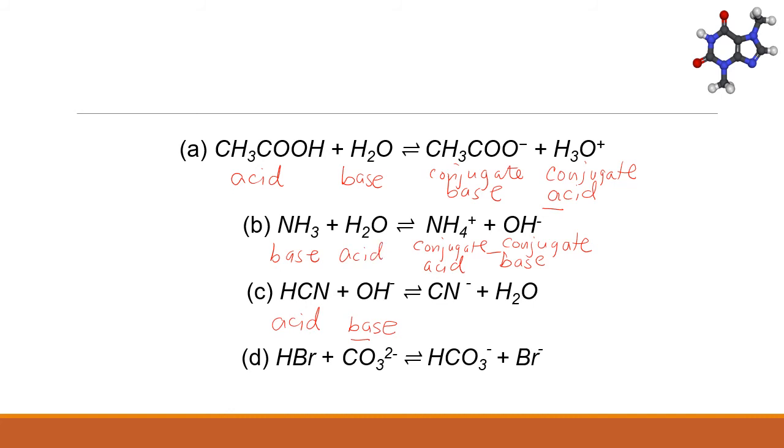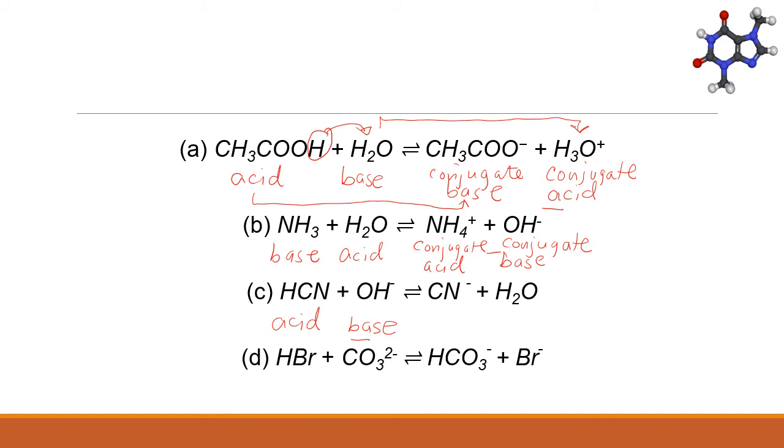So remember, an acid will have a conjugate base. The conjugate base is what is left of an acid that has donated its hydrogen ions. A base has a conjugate acid, which is the resulting compound when it has accepted a hydrogen.